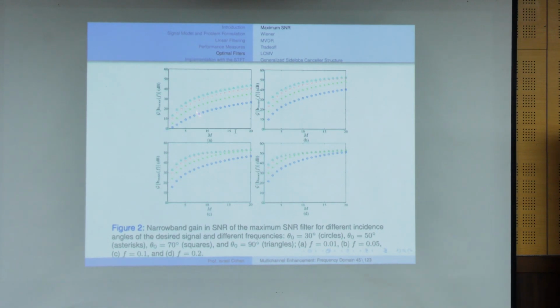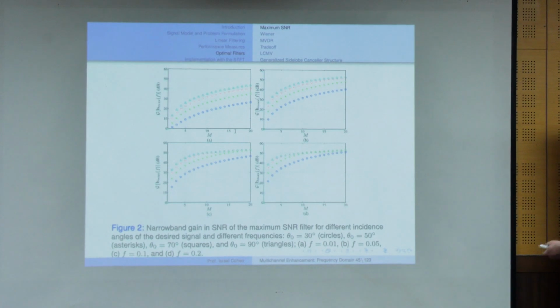But I also want to show you the relations between different frequencies. What happens when the frequency is higher? So you remember that even when the array is fixed, suppose that we choose 10 sensors, and the separation between the desired source and the interference is 30 degrees.